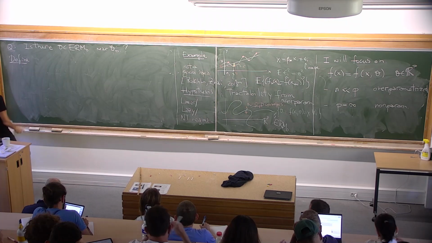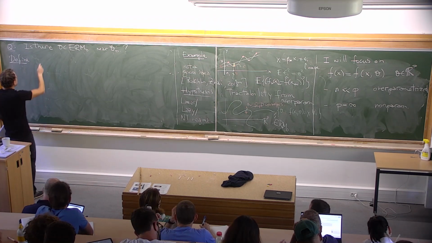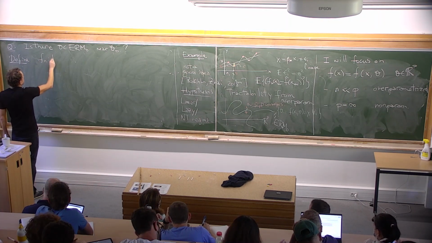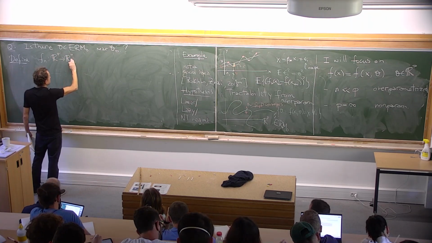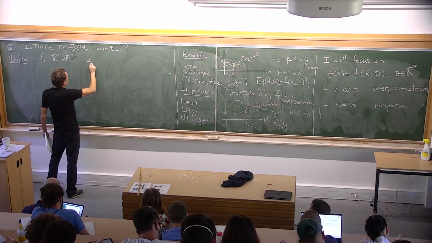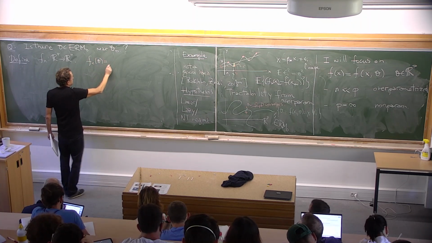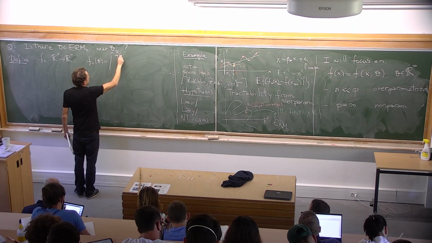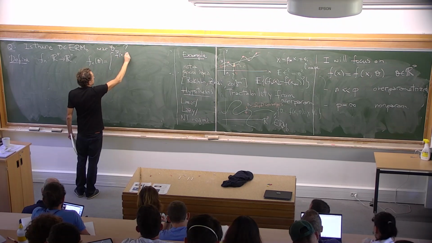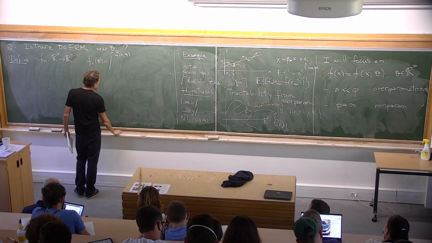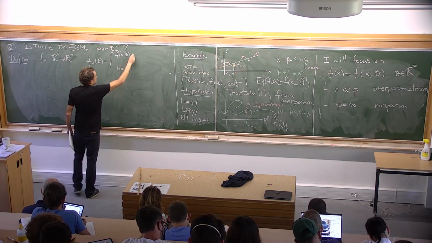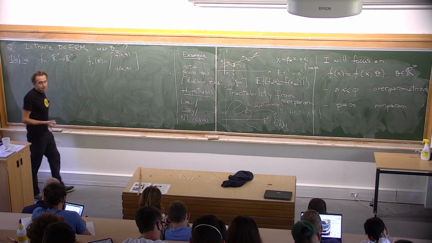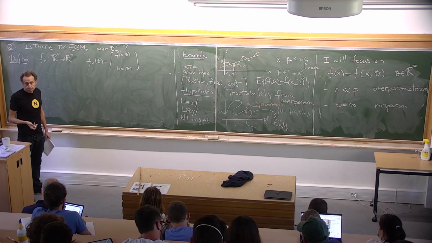This depends on the model only through the following map. I'll define a map from R^p to R^n, F_n of theta, which is just f at x_1, theta through x_n, theta. So this is the evaluation of my model at the n data points, right?